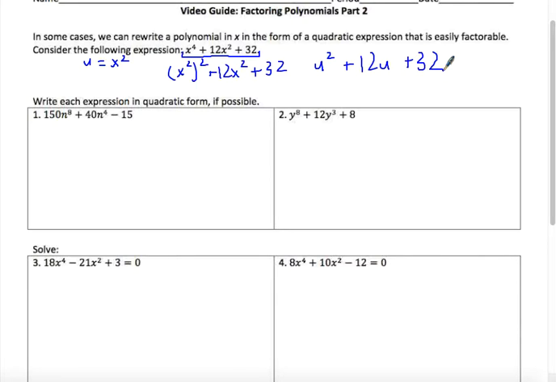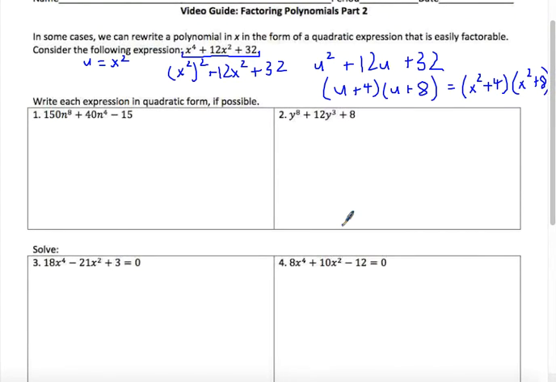And u squared plus 12u plus 32 factors into u plus 4 times u plus 8. And then we could make the substitution back in. So since u is equal to x squared, then this would be x squared plus 4 times x squared plus 8.